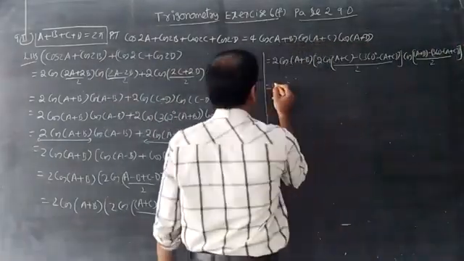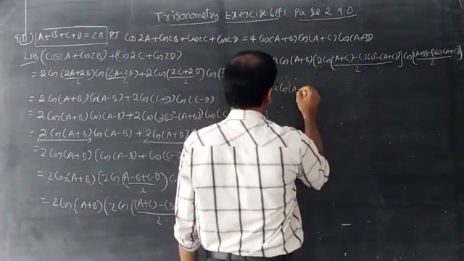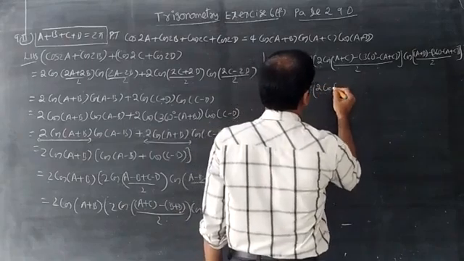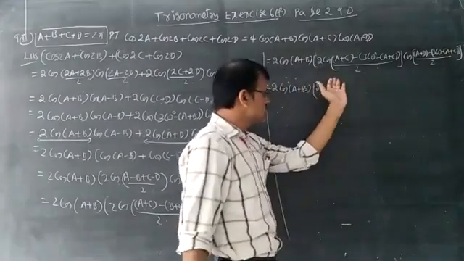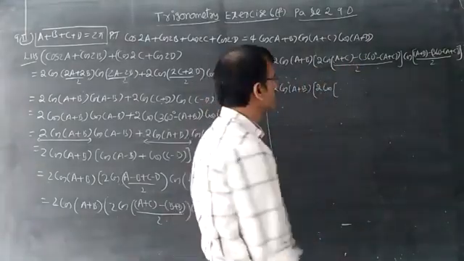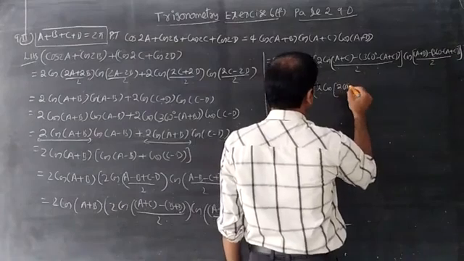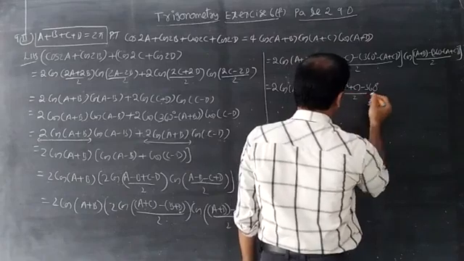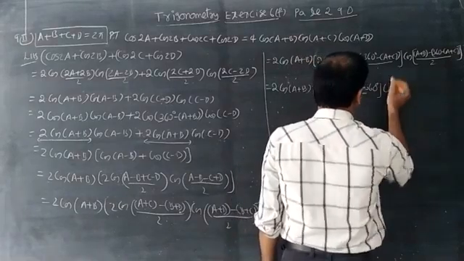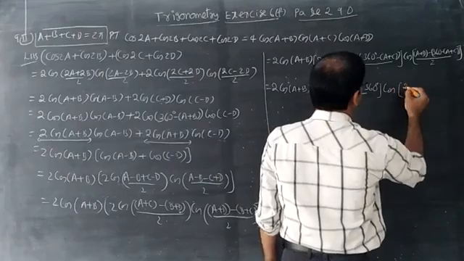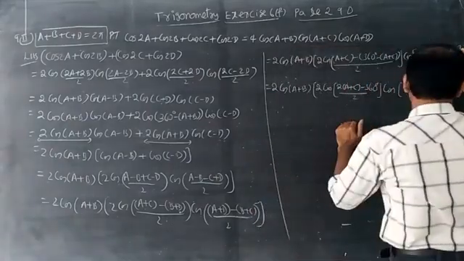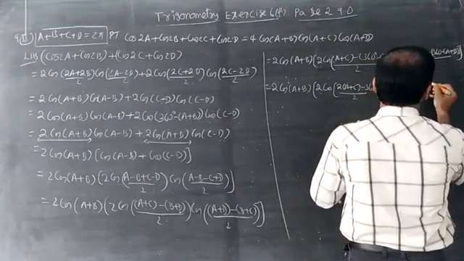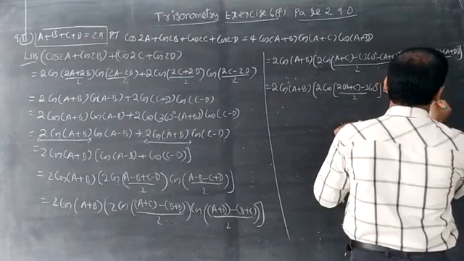That is equal to 2 cos of a plus b into 2 cos of a plus c minus 360 by 2, into cos of, this is a plus b, not c, so 2 into a plus d minus 360 whole by 2.